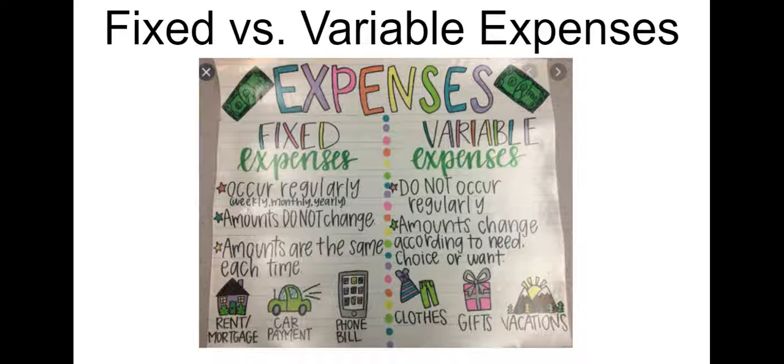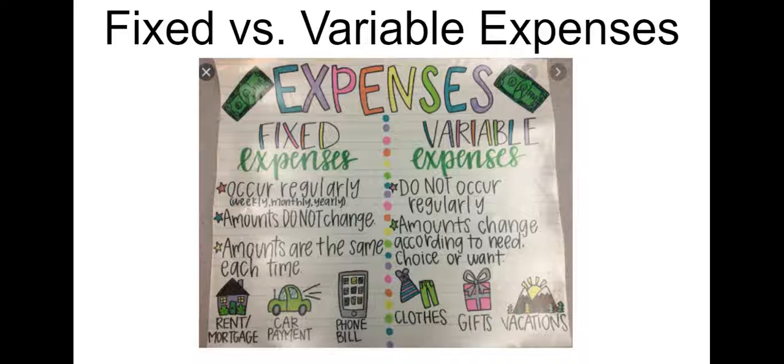I know in my house, I have to pay my mortgage every month. It's the same amount every month, and I have to pay that bill. Same thing with the car payment. It's that same amount every single month. Phone bill as well. We signed up for a phone plan, so I chose to have that fixed expense and pay that every month as well.